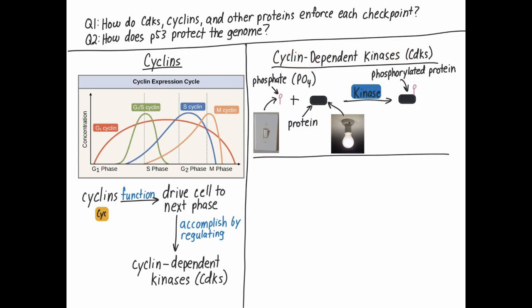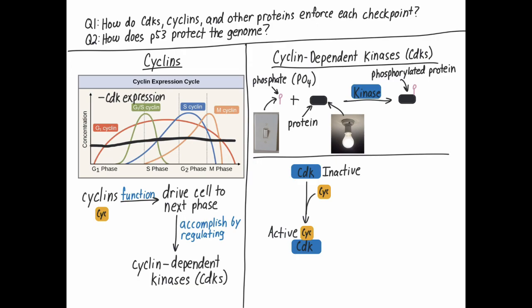CDKs, unlike cyclins, have a relatively steady expression throughout the cell cycle. So they're usually around. But as their name suggests, cyclin-dependent kinases require cyclin to bind to them to become active. Each CDK has its own cyclin or two that activates it in this way.